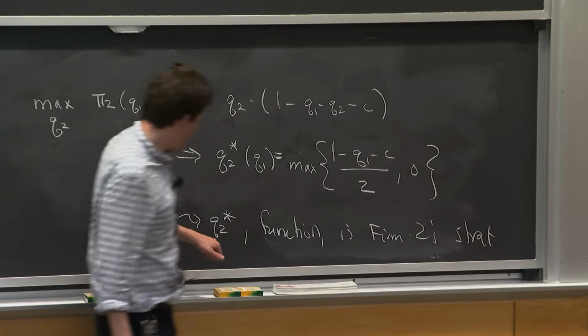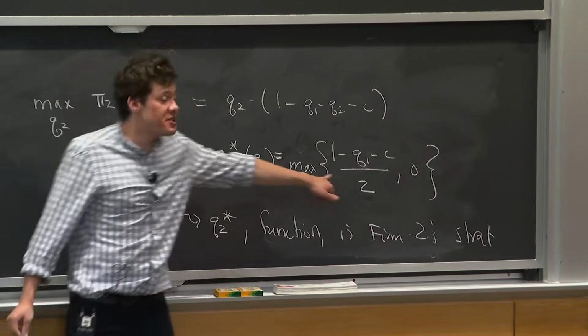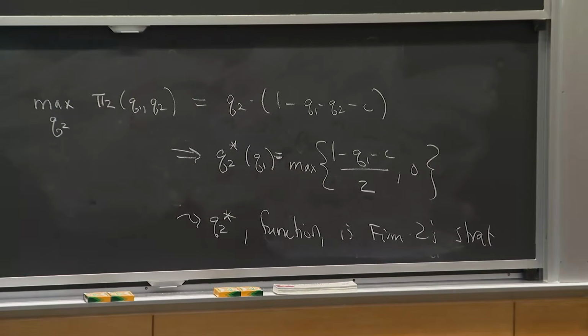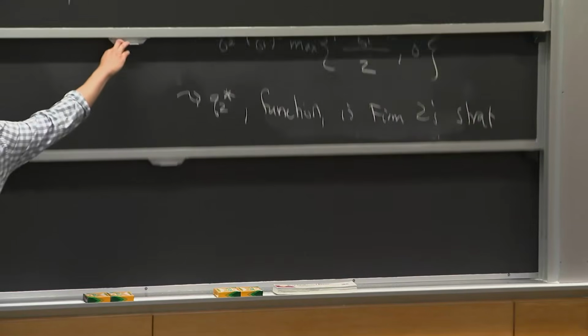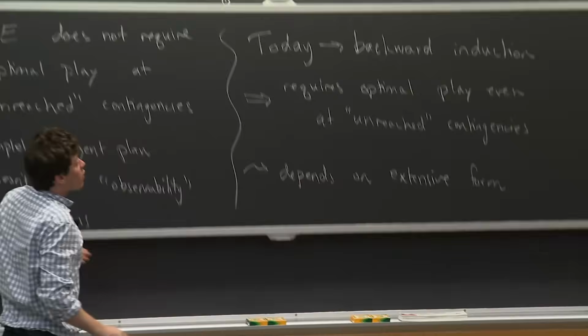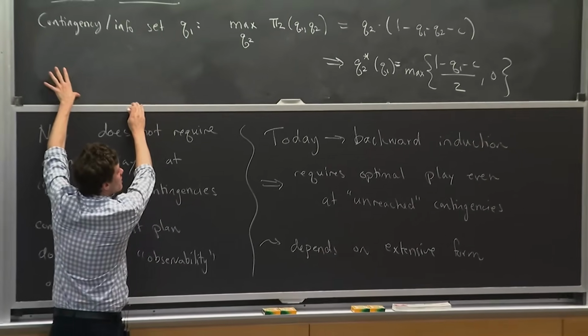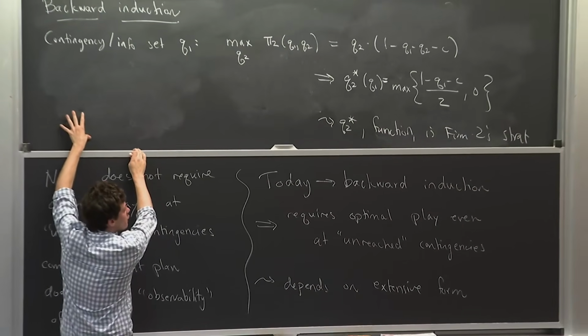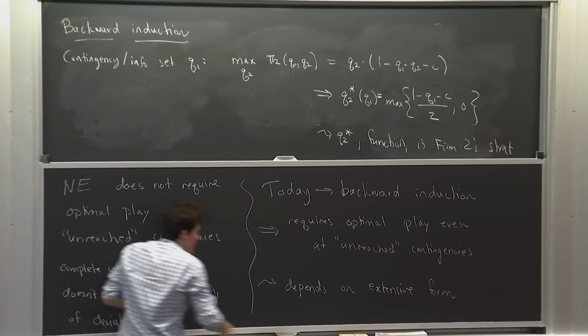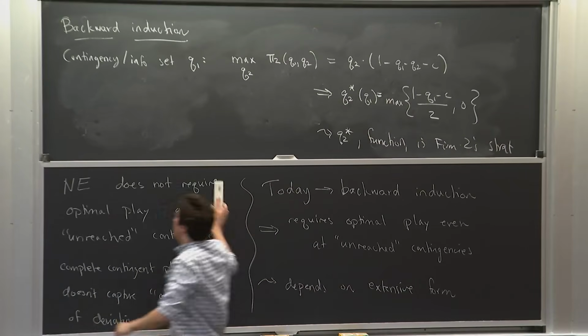It's the function where whatever q1 you plug into it, this is what you get out. OK, so now we go one step further. So we work backwards. We figured out what happens at the second stage with firm 2. And now we have to figure out how firm 1 should behave.